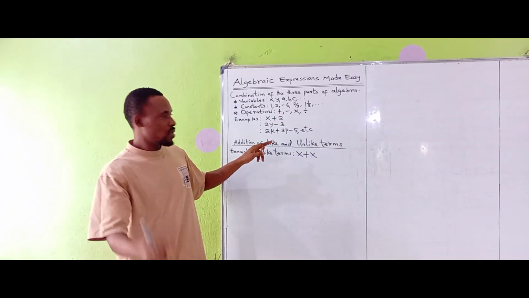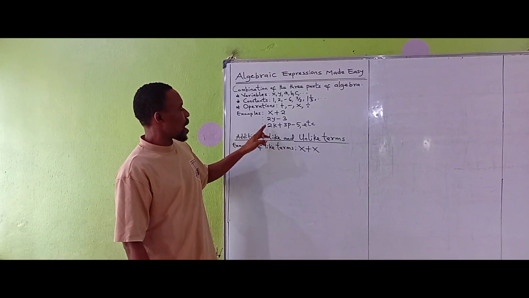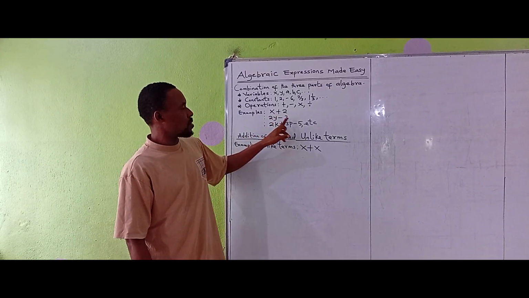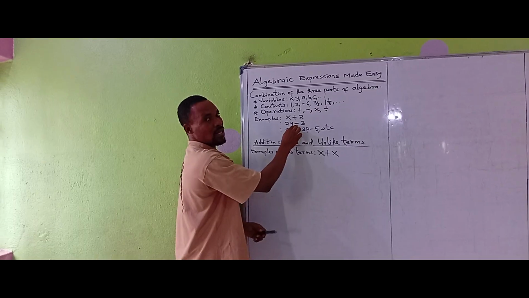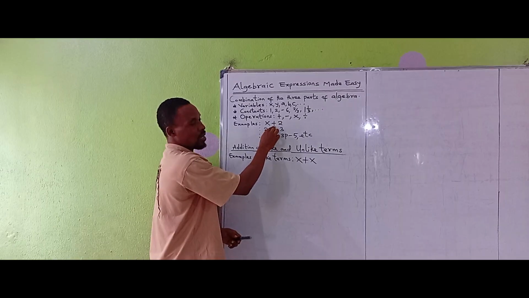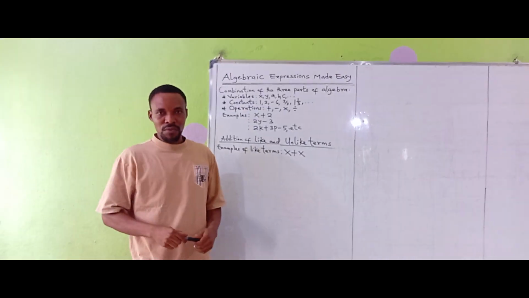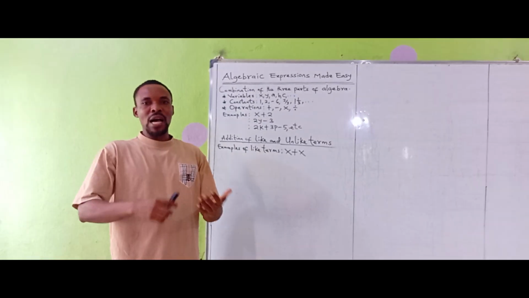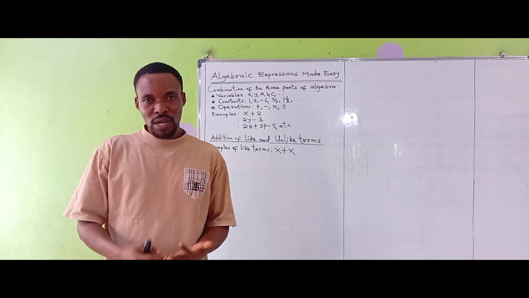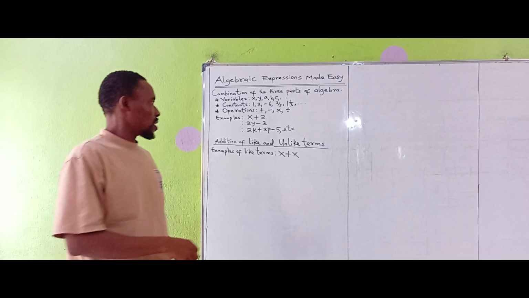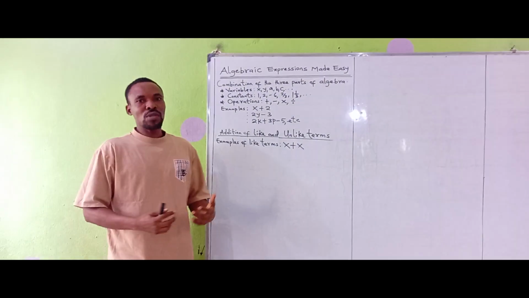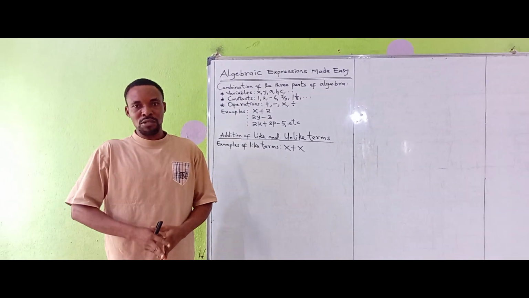In this second example, we have 2y minus 3. You can see that here the sign is negative, while here the sign is positive. It could be any sign. It could be addition, subtraction, multiplication or division. With that being said, let's head over to how to simplify algebraic expressions.